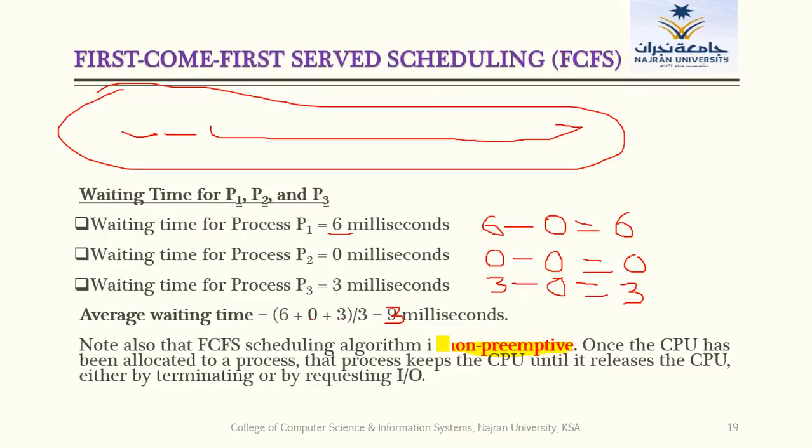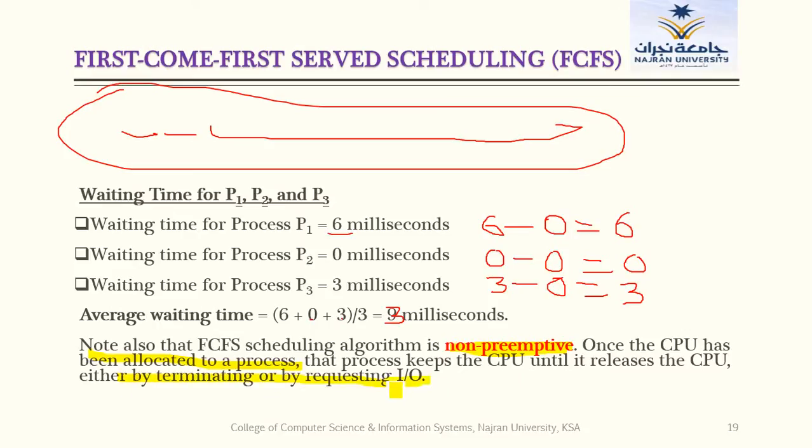Preemptive is that we can take the control of our processor back by force from any process, but in non-preemptive it is not possible. Once the CPU has been allocated to a process, that process keeps the CPU until it releases the CPU, either by terminating or by requesting IO.